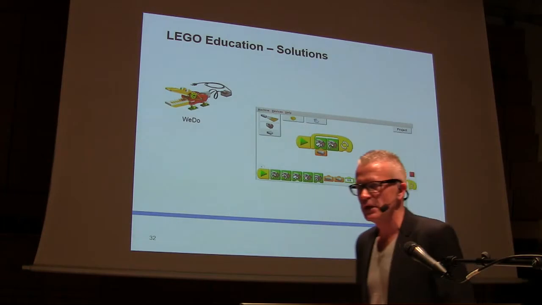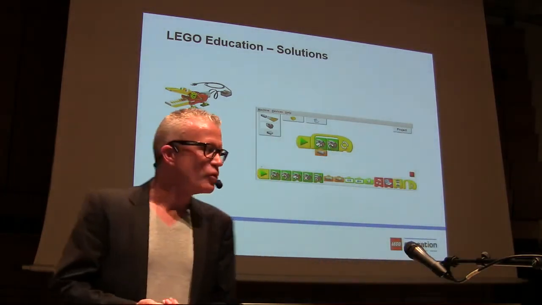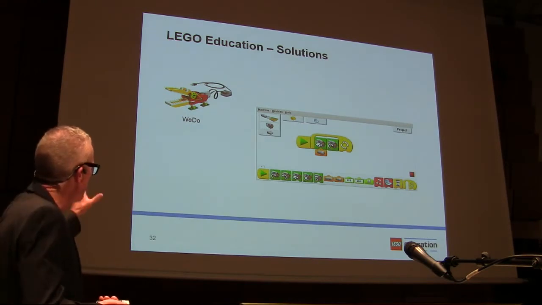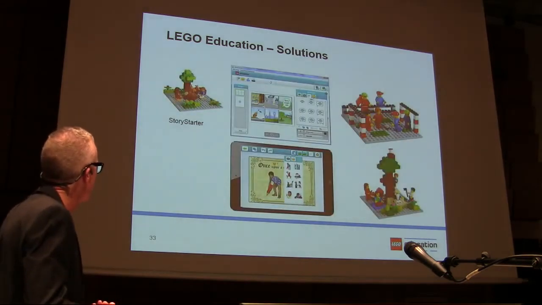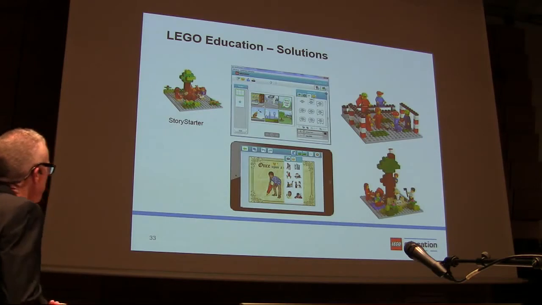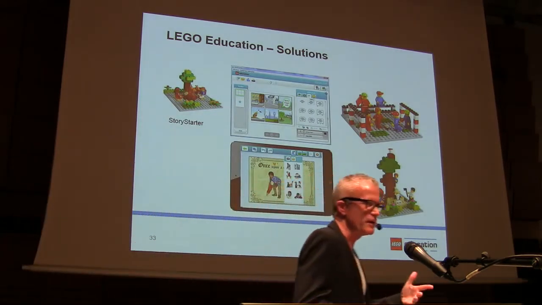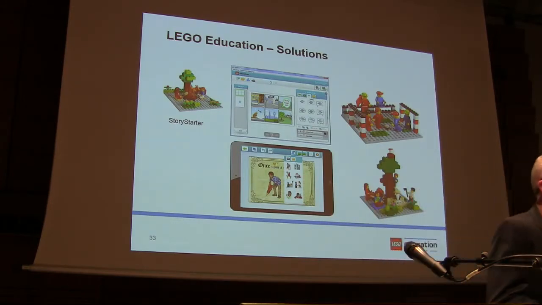WeDo is similar, where you also have a programming interface where you can program these for younger children. And this is the story starter product I told you about, where you build your story, and then we have a software component where you can take pictures of your story and put it in and create a cartoon as documentation.